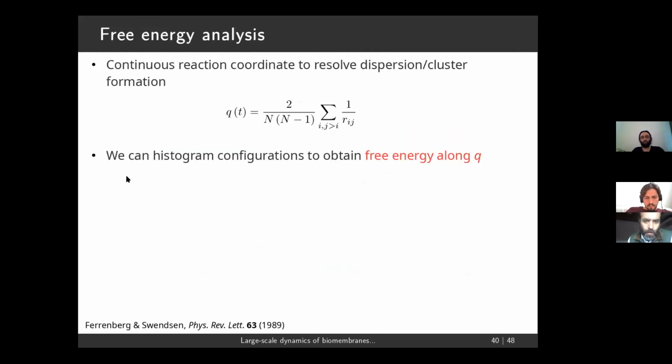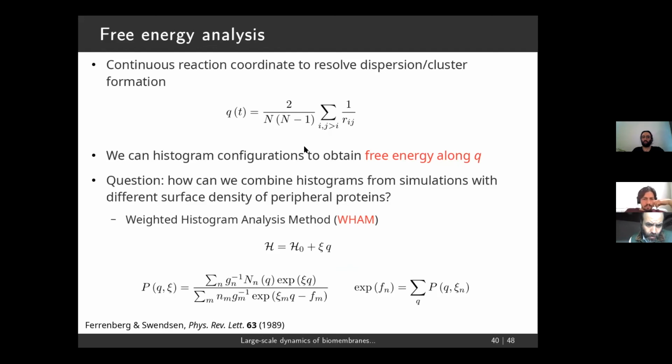And finally, I wanted to look also at the free energy landscape of this clustering dynamics. I defined a continuous reaction coordinate based on the inverse of pairwise distances between the particles. And I'm using the weighted histogram analysis method, the WHAM method, to look at the effect that the surface concentration of these proteins has on the probability of them getting together or being dispersed.